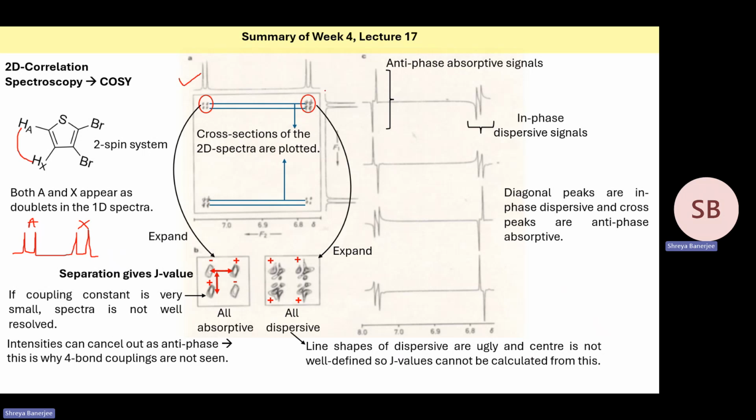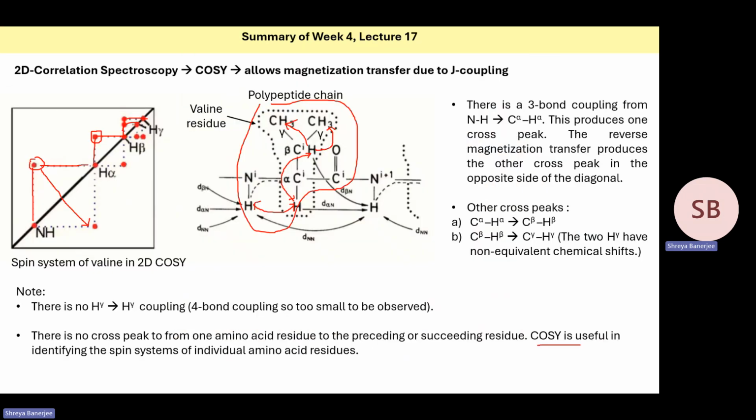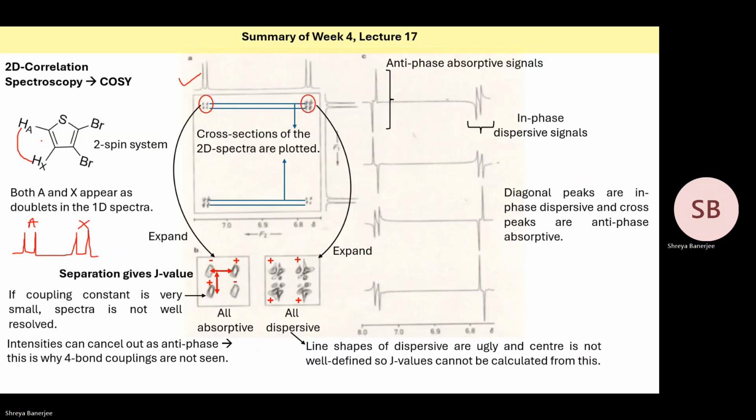Now, suppose we are looking at the interaction between A and X. In the 2D spectra, we were just assuming that the cross peak is one circle. So far we have not looked into the more detailed fine structure of the cross peak. That is what we will do here.